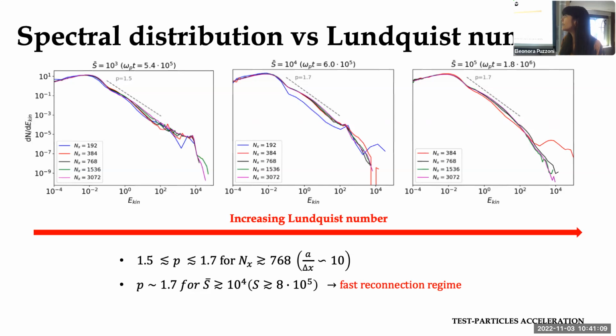This is a theoretical model studied by, for example, Luca Del Zanna and other authors. But we think that as the Lundquist number is increased, and once the fast reconnection regime begins, the power law index should be the same and independent from the Lundquist number.